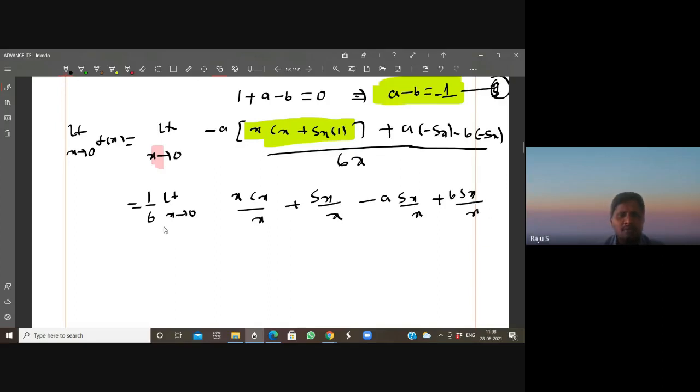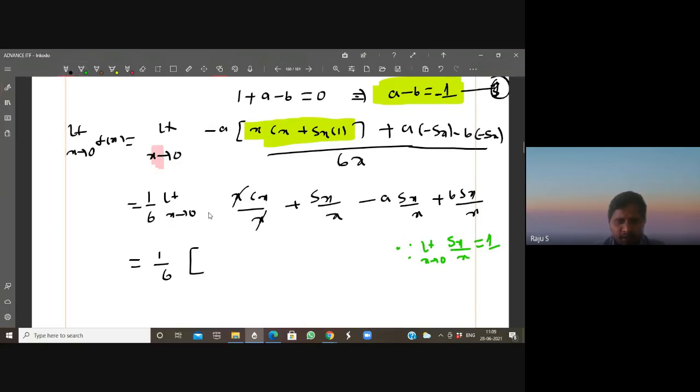So what do you observe, students? Now when I write separately, 1 by 6 times limit x tends to 0, since we have a property, what is that property? Limit x tends to 0 of sin x by x value is what, students? Anyone? Sin x by x is always 1. Am I right?